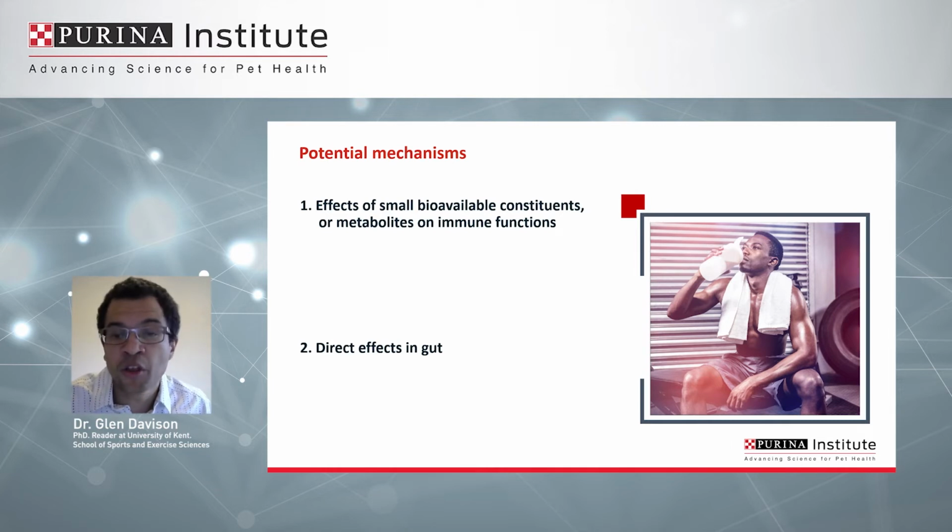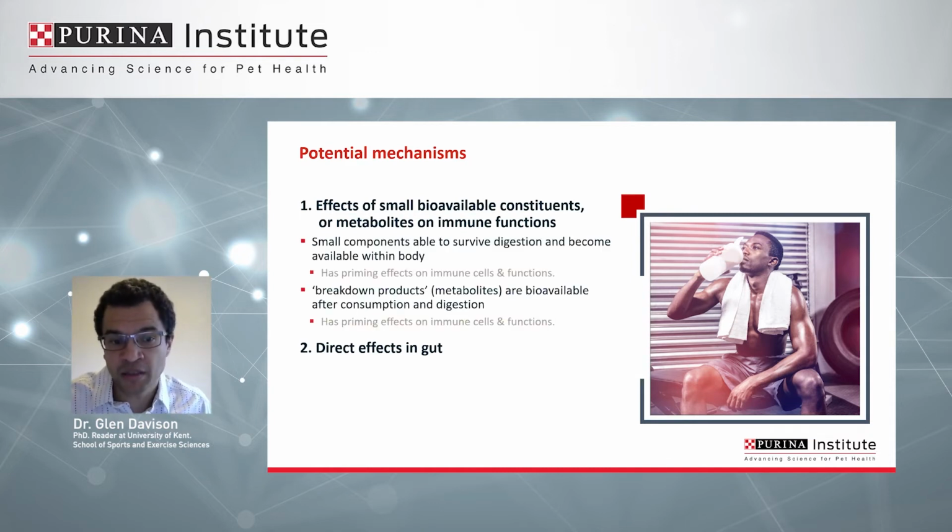Or another possibility, or more likely a combination of these two things, is that they are breakdown products, or metabolites, of the larger molecules that are broken down during the process of digestion and become available to the body as part of the metabolic breakdown of these products.